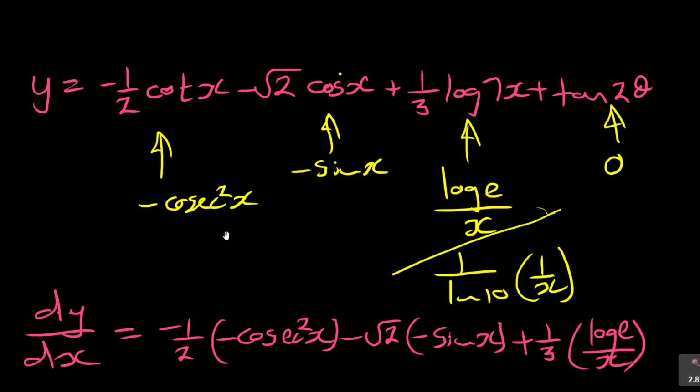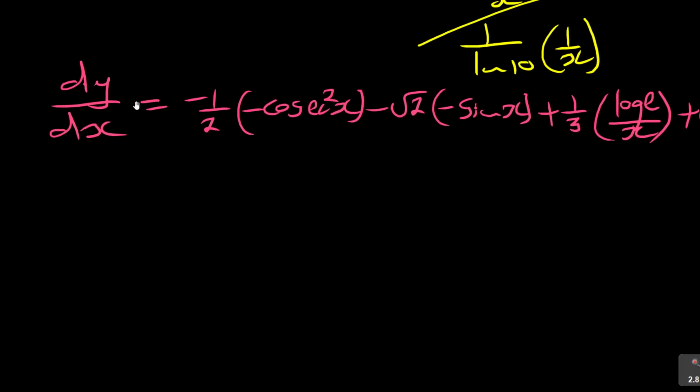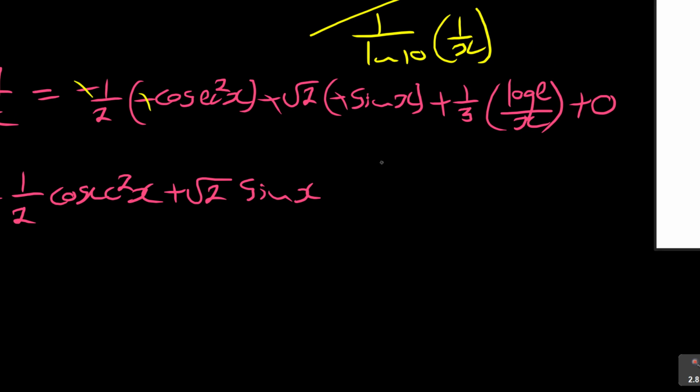Plus 0. Then we can go on and say this is equal to, negative here becomes a positive, so it's 1 over 2 cosec squared x, again negative there, plus root 2 sin x. I'm adding, so I cannot simplify this further.